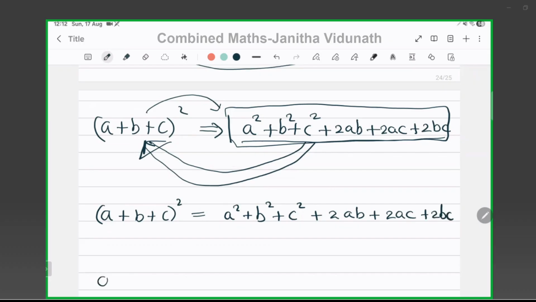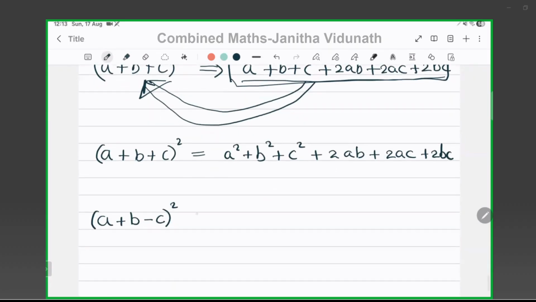Here, if we get a plus b minus c whole square, then we got our result as a square plus b square plus c square plus 2ab minus 2bc minus 2ac.